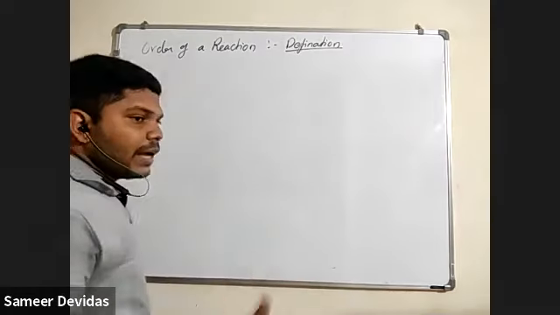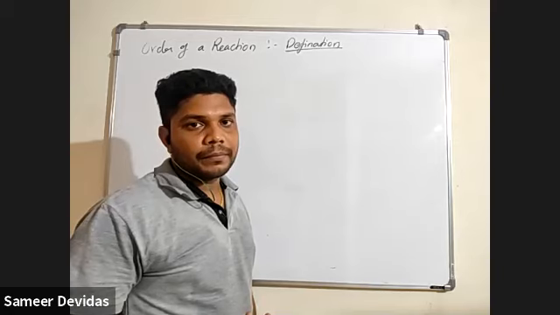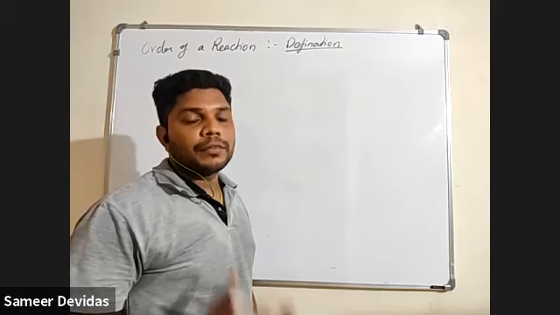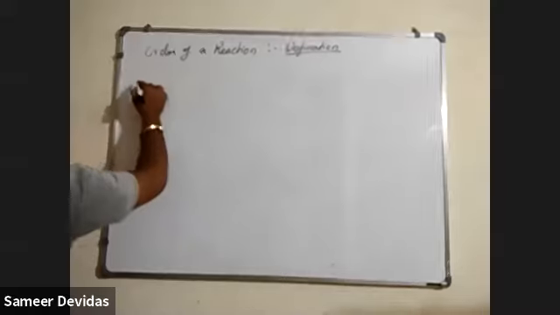Then from where are you getting the order of a reaction? From the experiment, from x and y. What is that expression? Rate law. This is what I want.